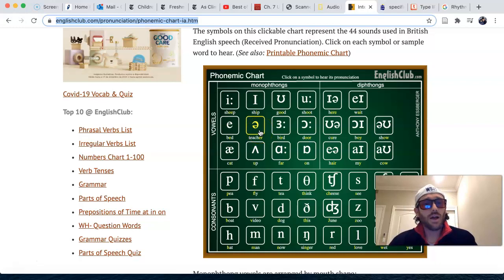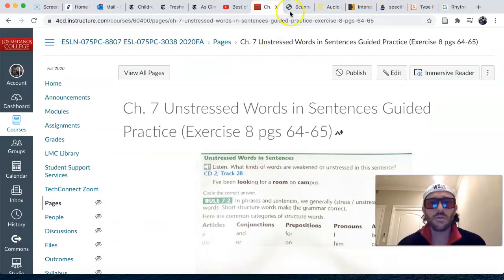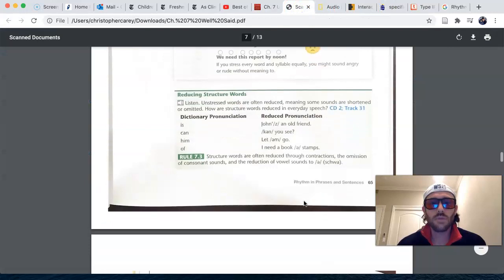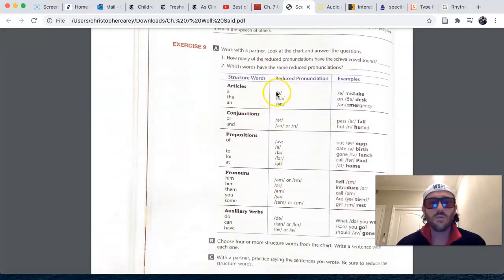It's because a lot of those function words are reduced to this vowel sound. And if you look at the next page, page 66, you'll see the reduced pronunciation of these different function words, right?